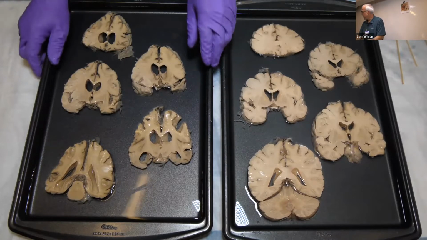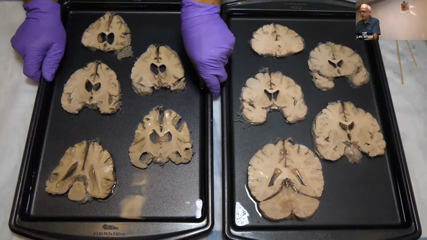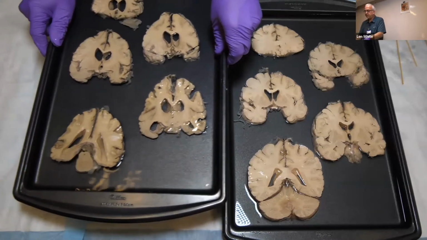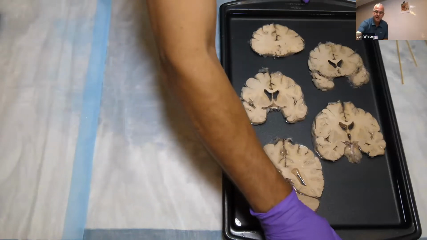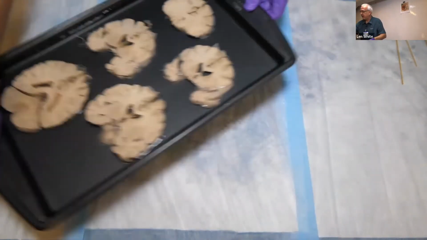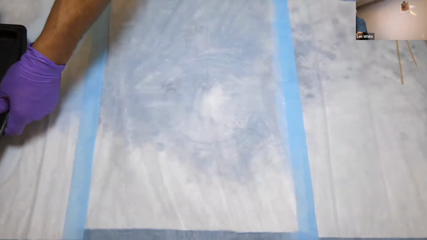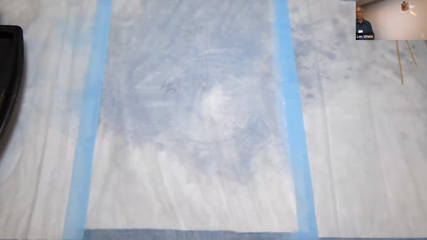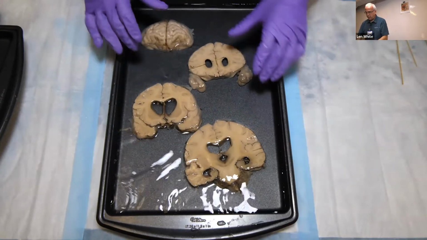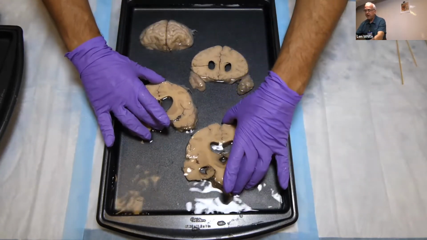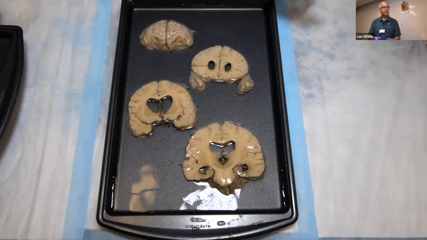Okay, I want to turn next to another specimen that I have to share with you that was one of those unexpected cases. I was doing a brain cutting with our neurology residents a few years ago, thinking that I was cutting a typical brain with no visible pathology. And very quickly, we got into the forebrain and realized we had enlarged ventricles.